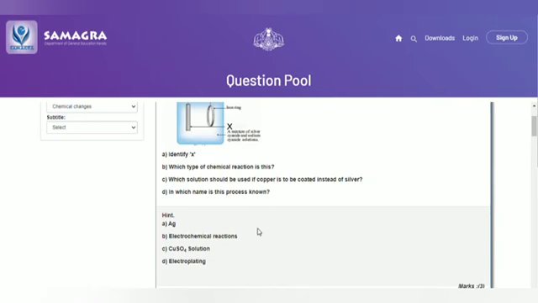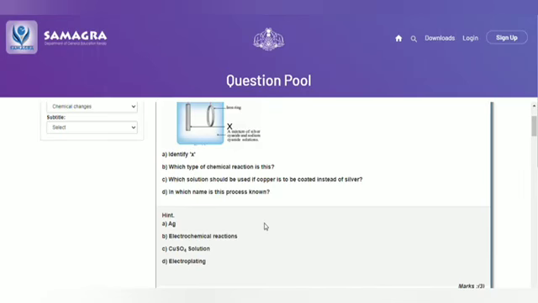Which solution should be used if copper is to be coated instead of silver? Copper sulfate solution should be used. By what name is this process known? The process is known as electroplating. In this figure, X represents silver, and here an iron ring is shown.